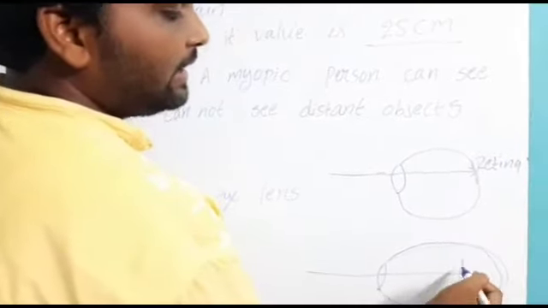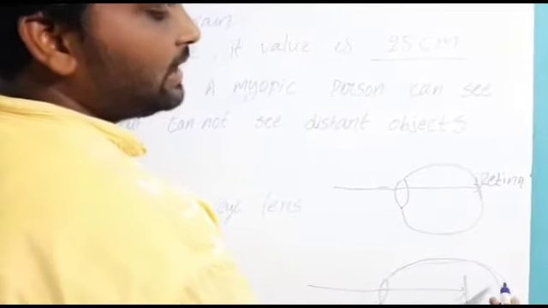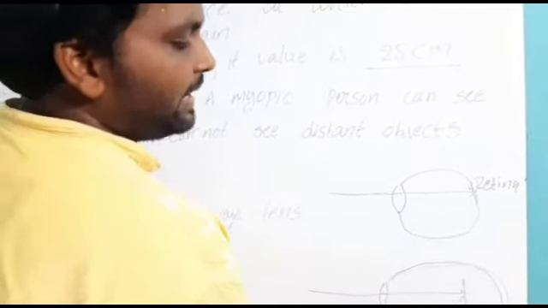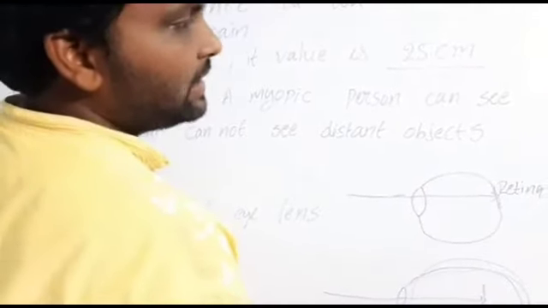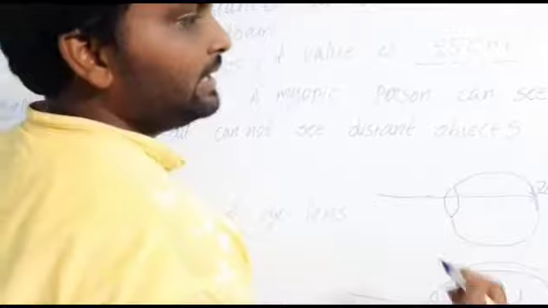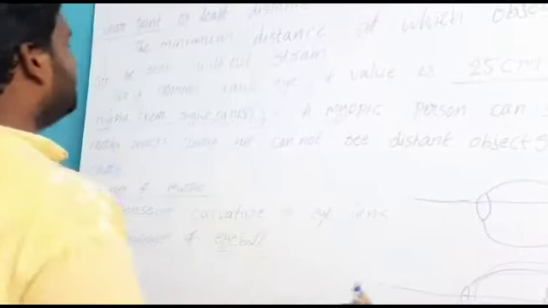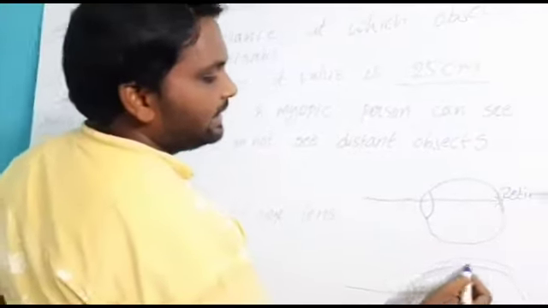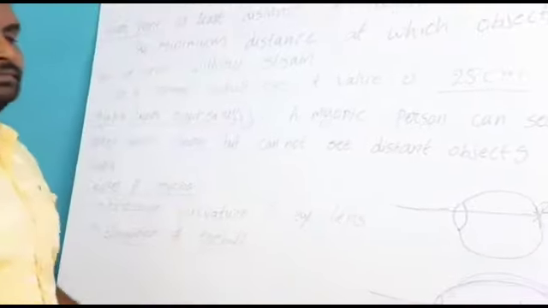Here we are unable to see the object because the light does not reach the retina, since the eyeball was elongated. This happens in elderly people and those having some problems. This is called myopia.